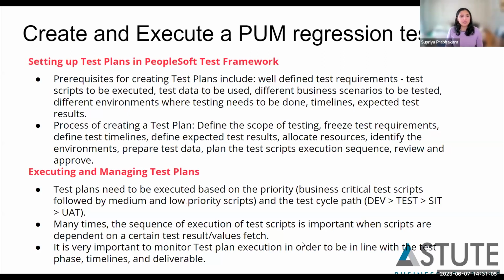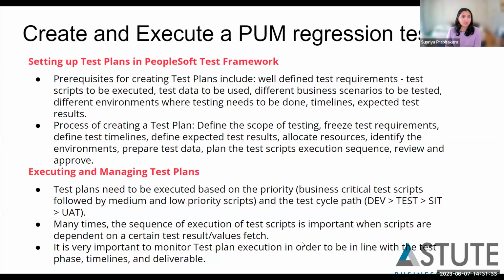So we need to identify the number of scripts, or what scripts need to be executed, and the test data to be used. So when you are doing your testing, with what user ID you need to log in and what's the data to be tested and so on. And we also need to have in place what are the different business scenarios I need to test and what are the different environments that I have in my test path, right?